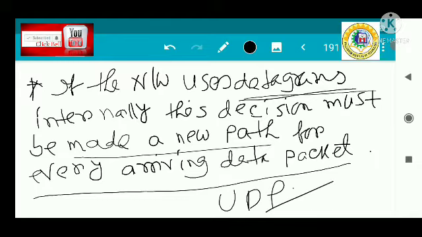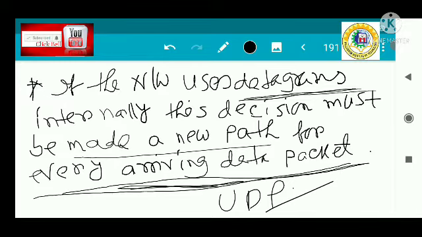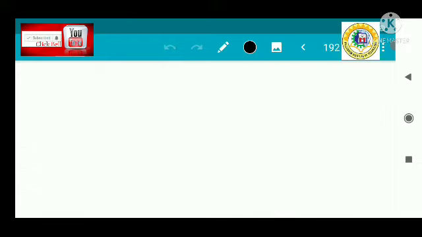A datagram provides a connectionless communication service across a packet switch network. So this is the formal definition of the datagram network, and if the network uses the datagram network, the decision must be made a new path for every incoming data packet. So a new path has to be created every time for every new arriving data packet. So this is all about if the network uses the datagram.